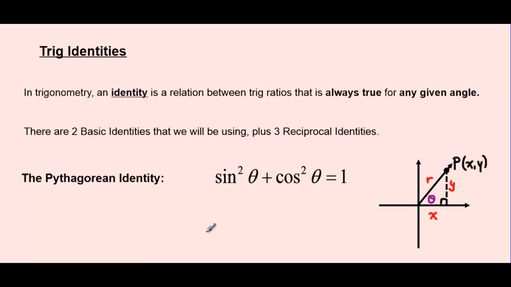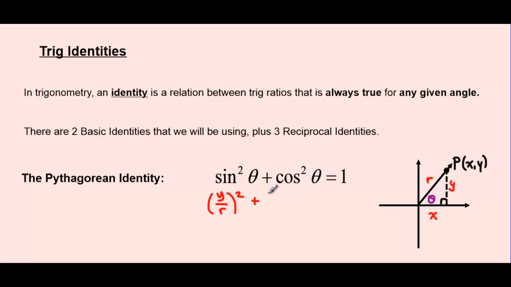Well, we know through SOHCAHTOA that the sine of any angle is equal to opposite over hypotenuse. In our case, the diagram's opposite side from theta is y, and the hypotenuse side is r. So we could say that this is going to equal y over r all squared. We also know that cos theta, using SOHCAHTOA, is adjacent over hypotenuse. The adjacent side to theta is x, the hypotenuse is r.